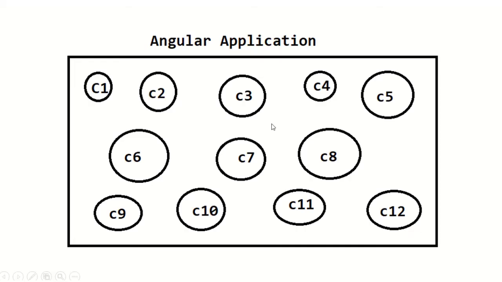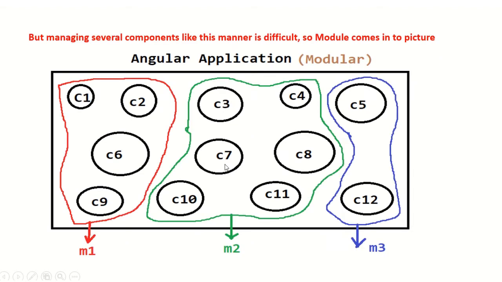But the issue is that if there are several components scattered like this, it is very difficult to manage, and many facilities cannot be obtained. To overcome this, the module comes in between.